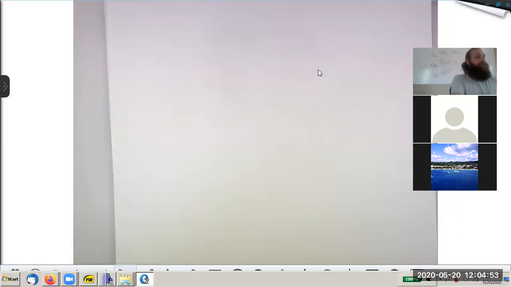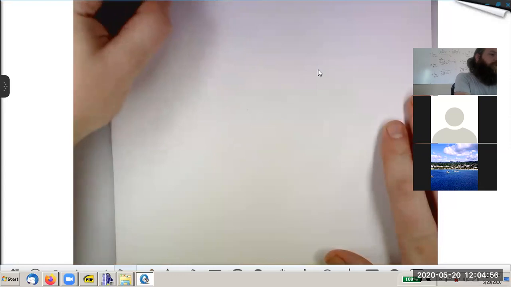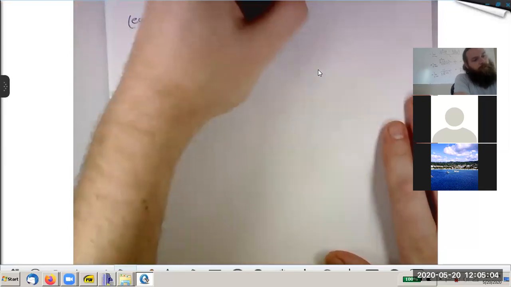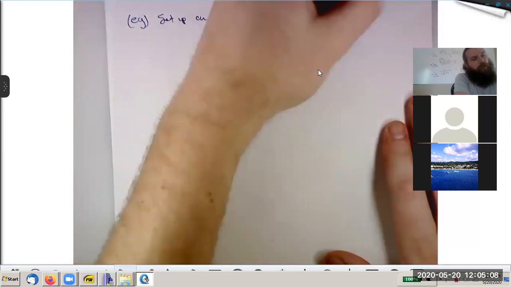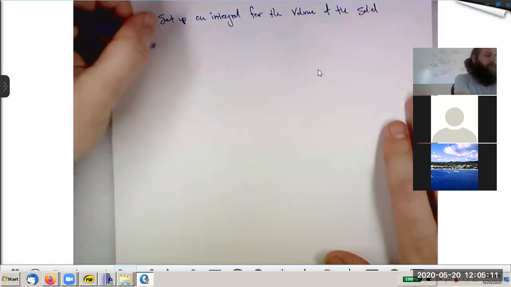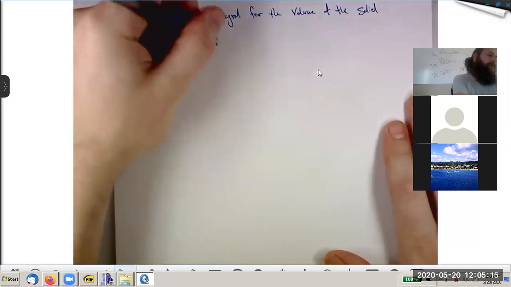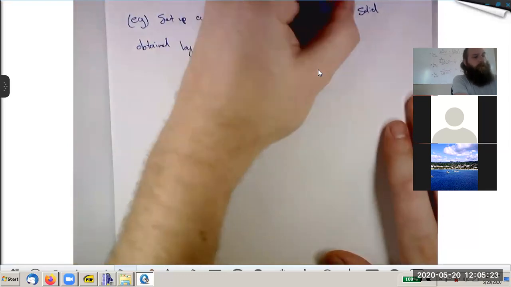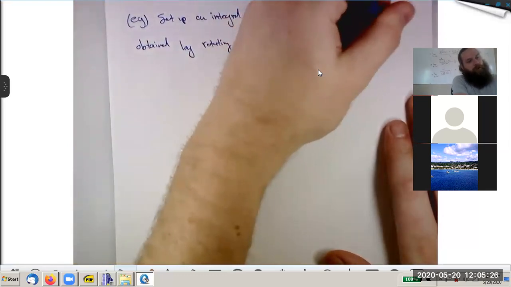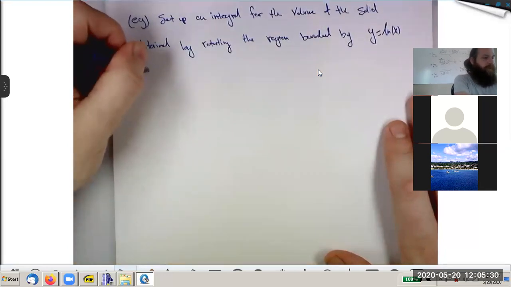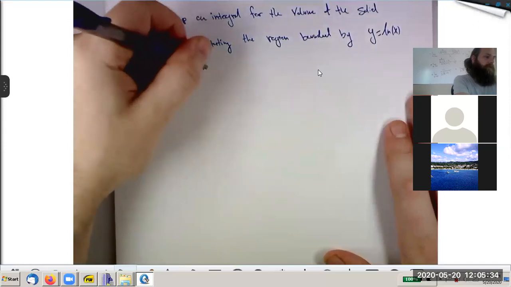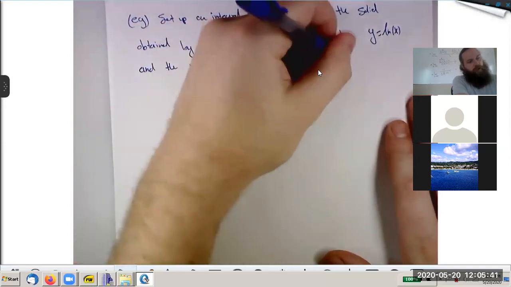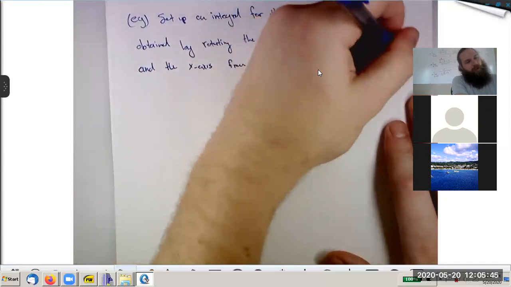We want to set up an integral for the volume of the solid obtained by rotating the region bounded by y equals the natural log of x and the x-axis from x equals 1 to x equals e about the line x equals -1.